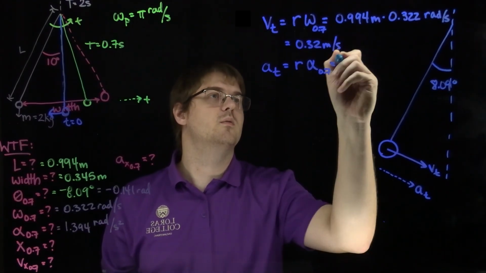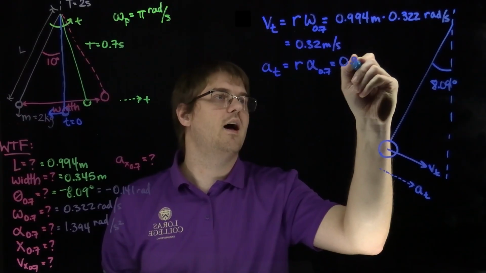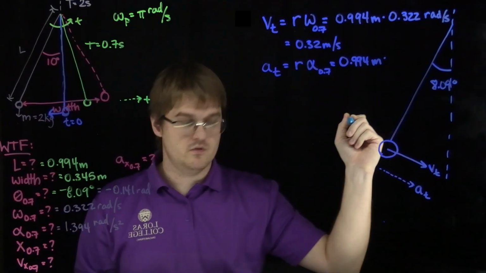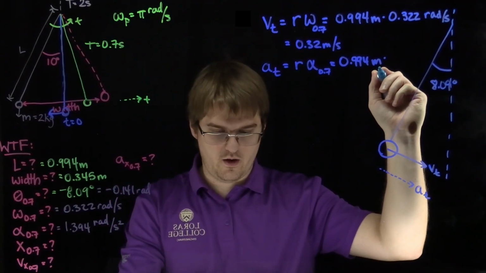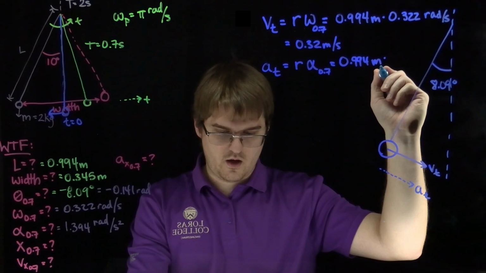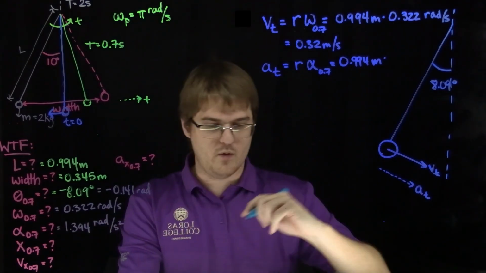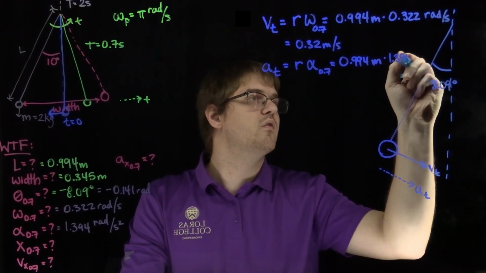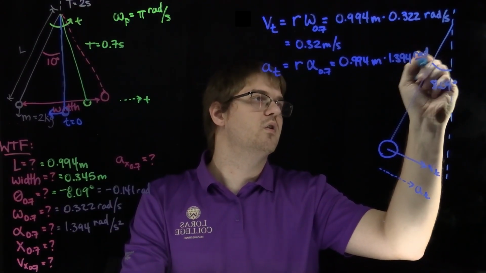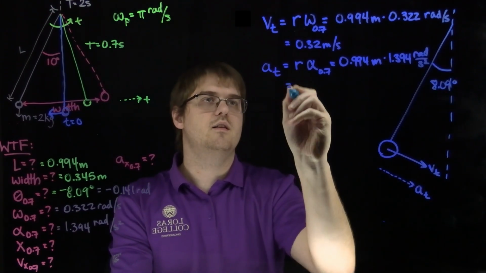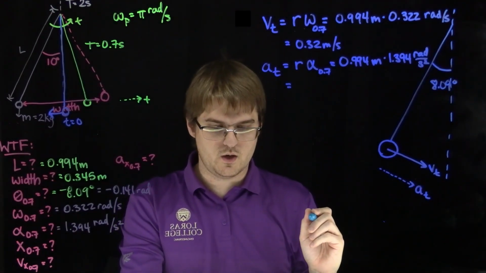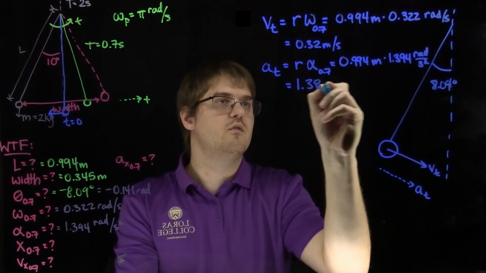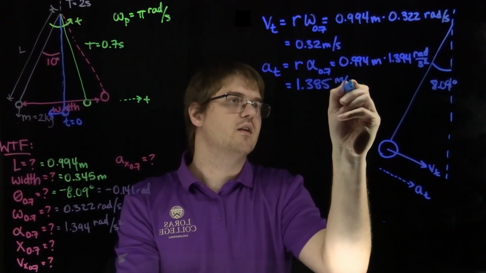So that is going to be 0.994 meters times my total value of alpha, 1.394 radians per second squared, and that is going to give me a tangential acceleration of 1.385 meters per second squared.